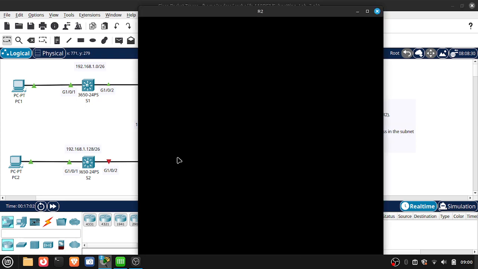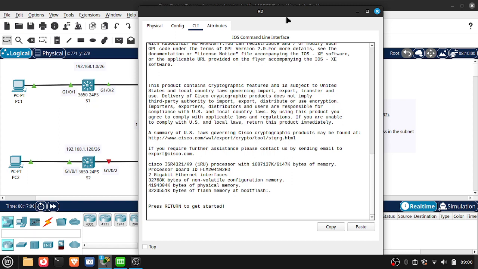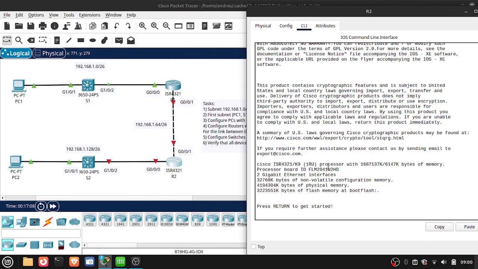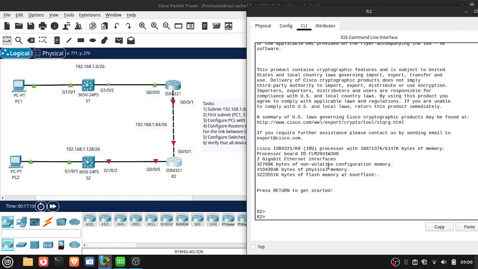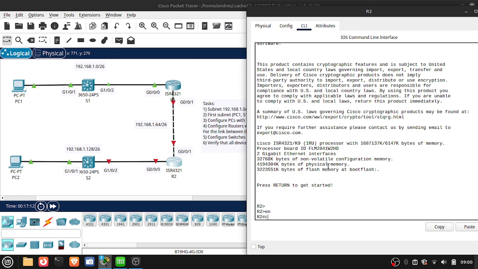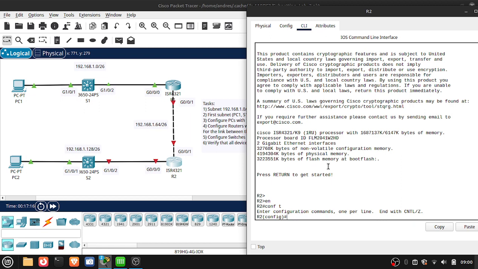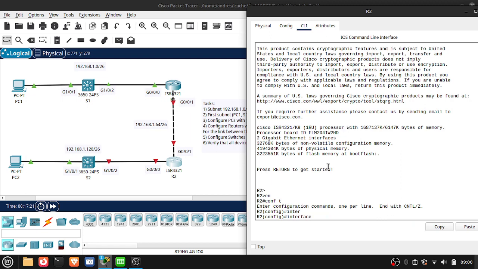Now R2, CLI, and put to the right. Enter privileged mode, configuration terminal, global conf t, and now interface gigabit 0/1.